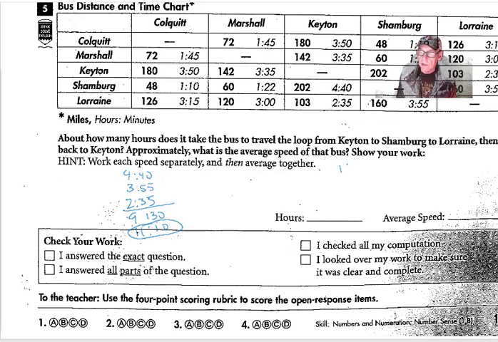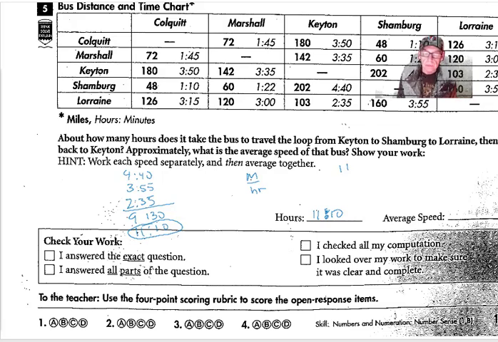Okay, so 11 hours, 10 minutes. What's the average speed? Now, what's the distance? So now we're going to do the distances, and speed is going to be in terms of miles per hour. So we need to get the total miles, then we're going to divide basically by like 11 and do the rounding.